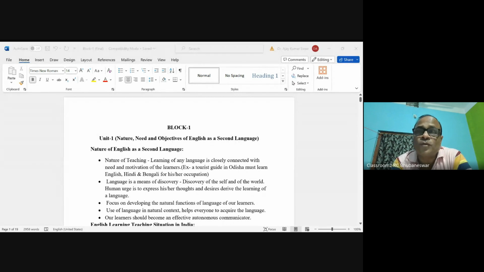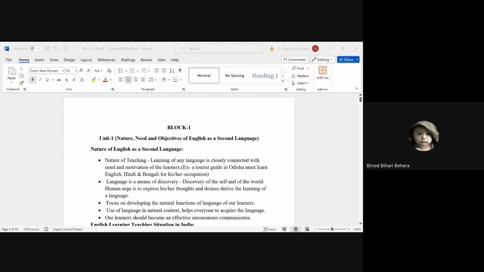While we are going through the Times of India or any news in English or any magazine in English, can we say the meaning of each and every word? Can we say? While we are reading news in the English newspaper, can you say the meaning of each and every word? No, sir.